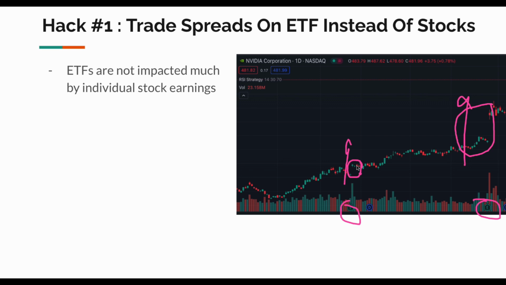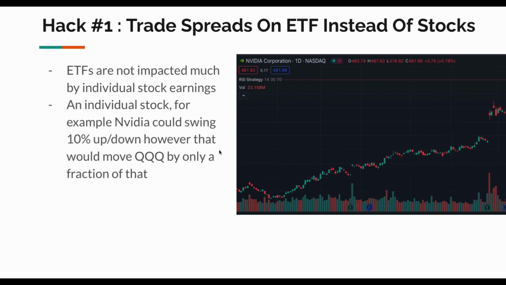So that's why it's always best not to do individual stocks in case of spreads, especially because you don't know how the earnings are gonna play out. If it plays in your favor, you are in luck, you may make the complete 100%. However, if it goes in the other direction, you would be losing the complete capital.